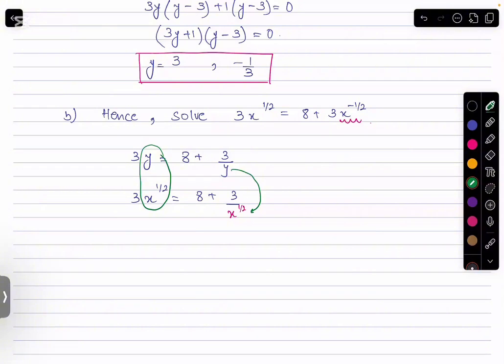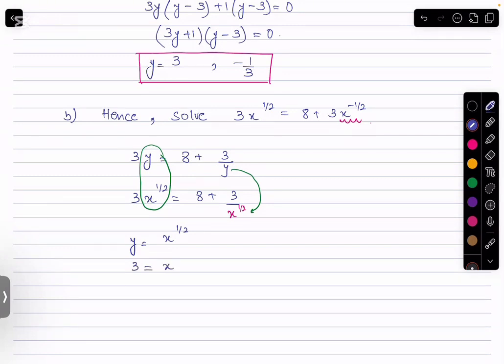Yes. In both the cases, your y is going to be x to the power 1 by 2. Is that clear to both of you? Yes. अब y की, do we have the values of y? Yes. What are they? Y is equals to 3 and y is equals to minus 1 upon 3.